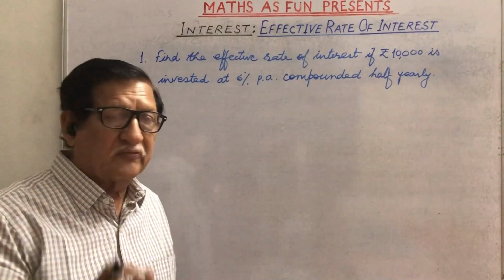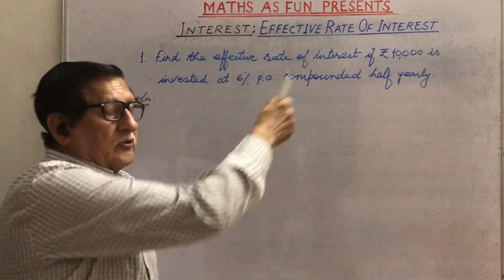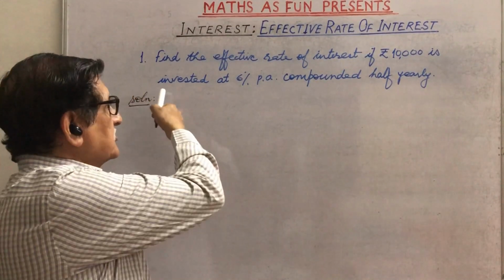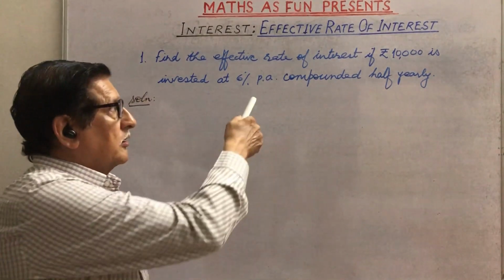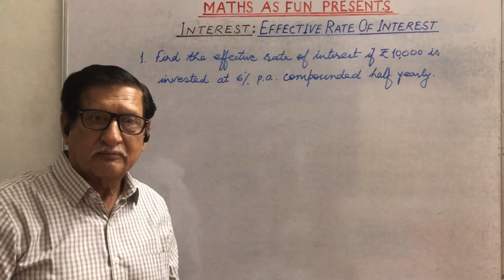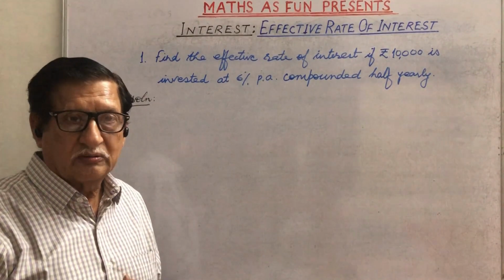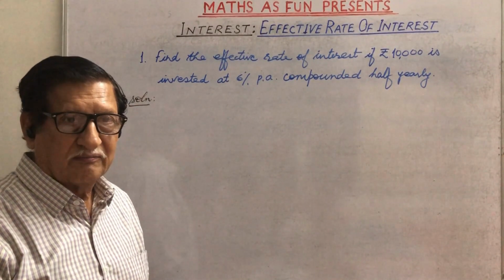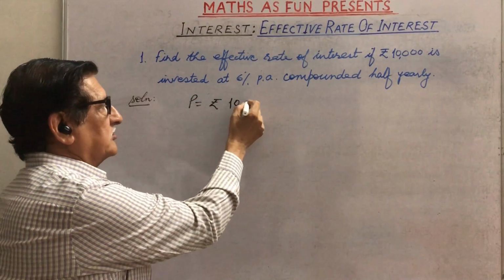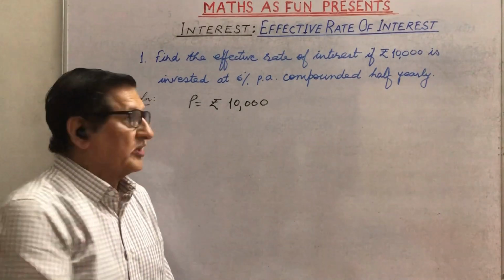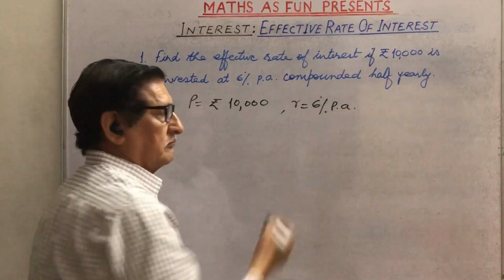The first example we discuss here is: find the effective rate of interest if rupees 10,000 is invested at 6% per annum compounded half yearly. When we find the solution, first we find out the compound interest. The principal here is rupees 10,000. The rate of interest is given as 6% per annum.